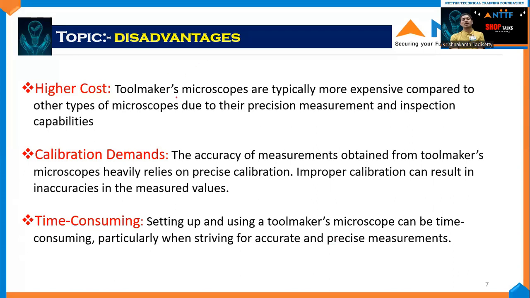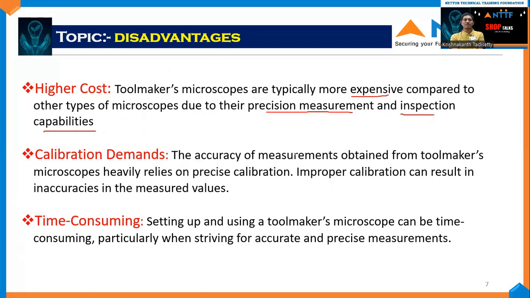Now we will discuss the disadvantages of the tool makers microscope. Higher cost. Tool makers microscopes are typically more expensive compared to other types of microscopes due to their precision measurement and inspection capabilities. Calibration demands.